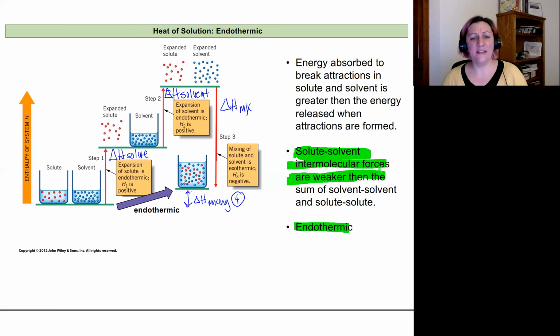And if it is too large of a difference, if it's too endothermic, then we won't be able to overcome that energy barrier just by the tendency to mix and the increase in entropy we get by bringing these two together. And then we'll see that a solution doesn't form. We'll just see an insoluble compound, or just a little bit of it forms that isn't all of it.